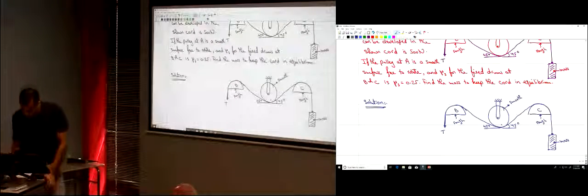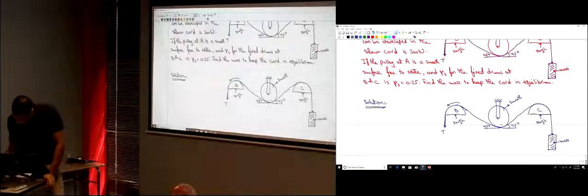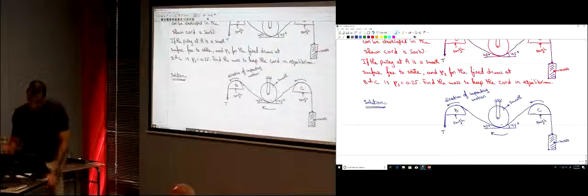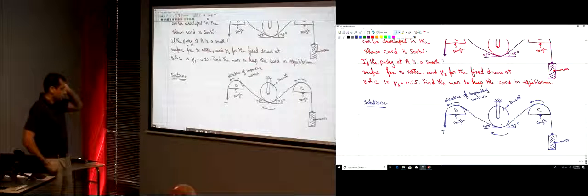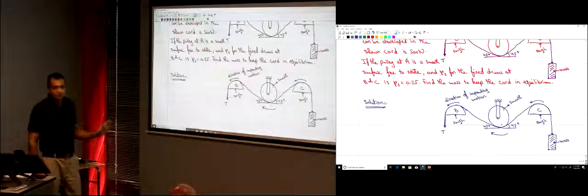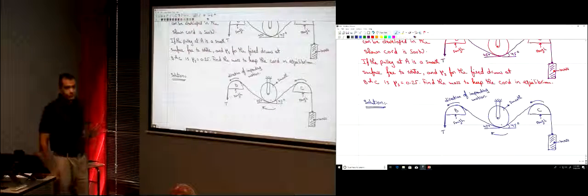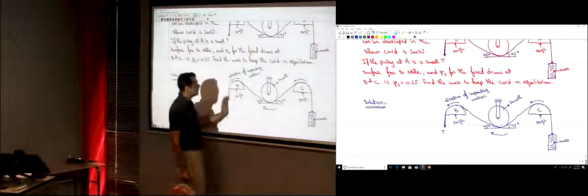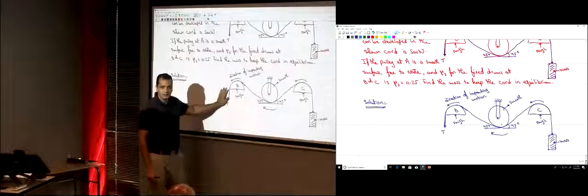So now, this is the direction of impending motion. So now, the question is, if this is the direction of the impending motion, where's the largest tensile force? If this is T, the force here will be lower or larger than T? Lower.